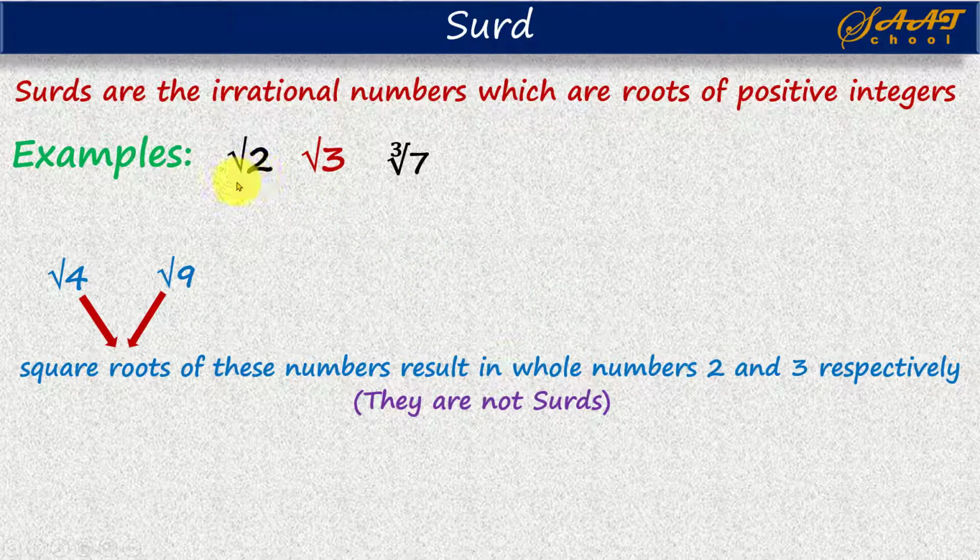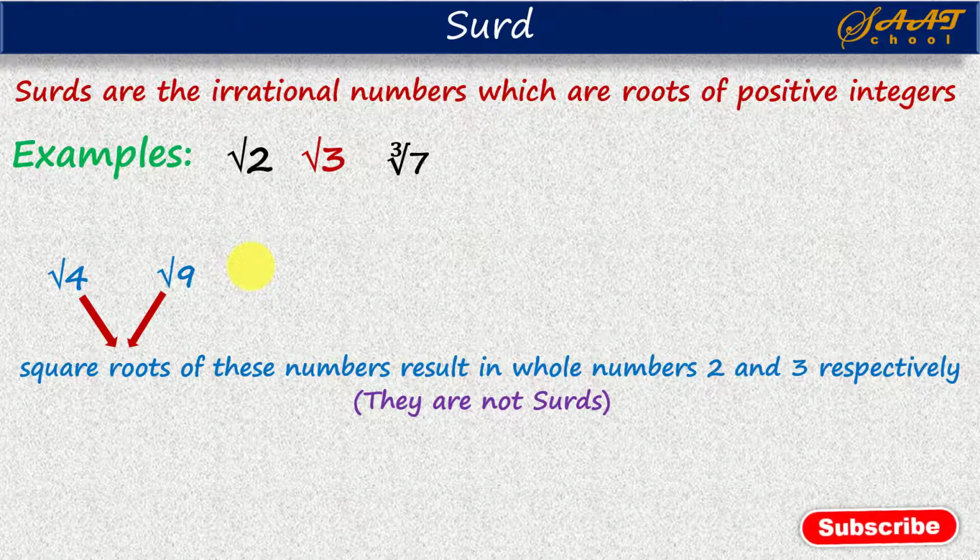Here if you find the square root of 2, you cannot get a whole number. If you find the cube root of 7, then you cannot find a whole number. So simply, surds are irrational numbers, and if the square root or cube root is equal to a whole number, then they are not surds.